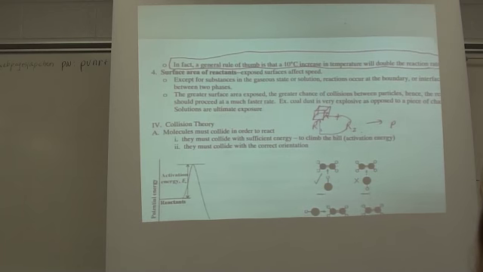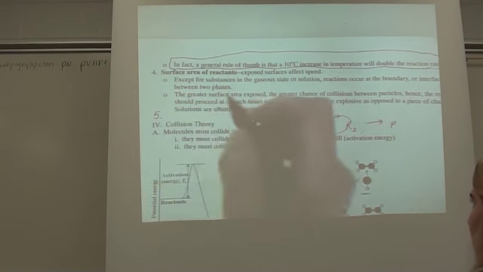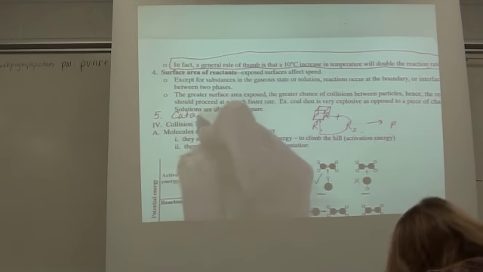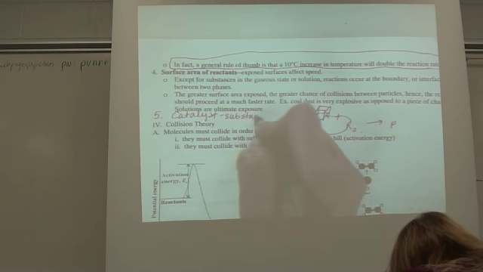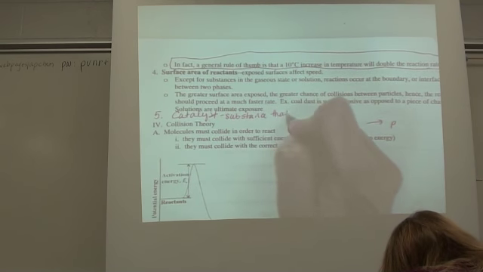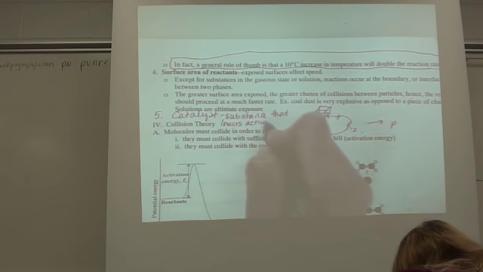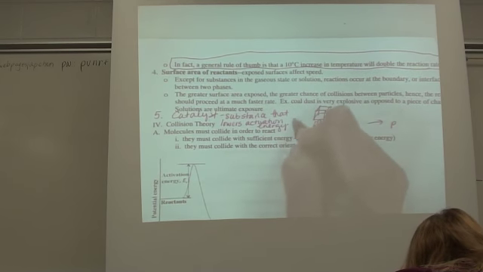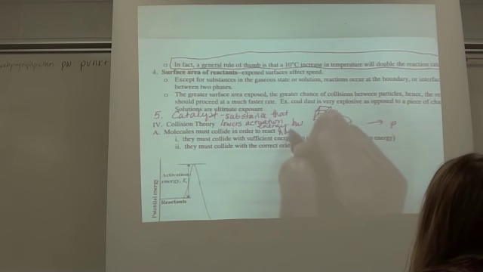All right, now this is all part, oh, you know what? I forgot number 5, big time, and it's a really important thing. The other thing that can affect the speed of a reaction is a catalyst. A catalyst is a substance that lowers the activation energy but is not changed in the reaction.